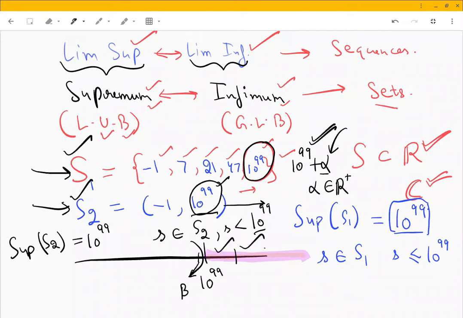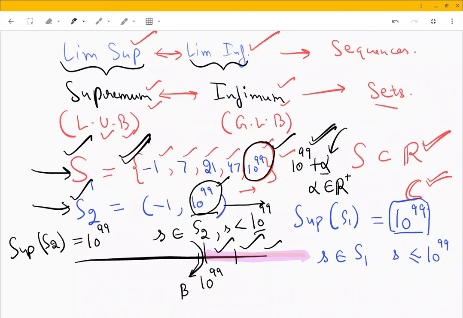So every number on this side of 10 to the power 99 is an upper bound. Both the sets have the same upper bound. In one case, the upper bound is contained in the set. In the other case, it is not, even though that set is infinite, and the first set is finite, only 5 elements.